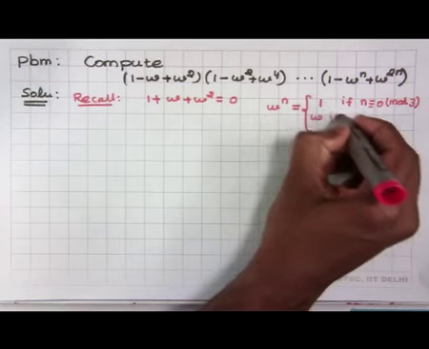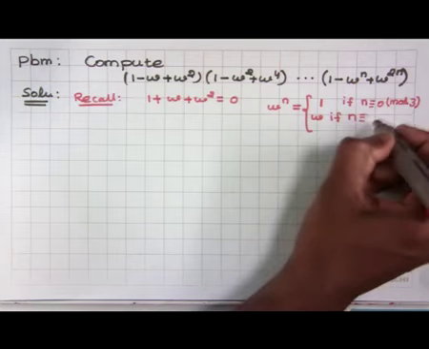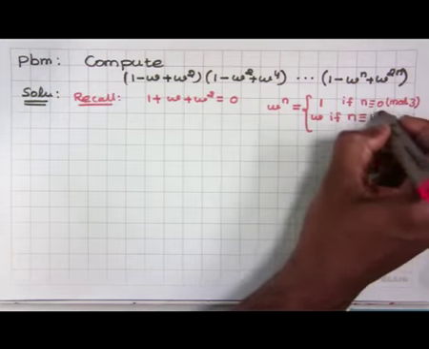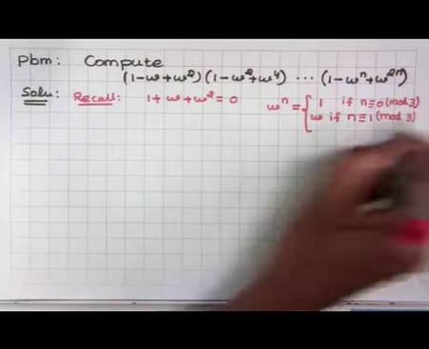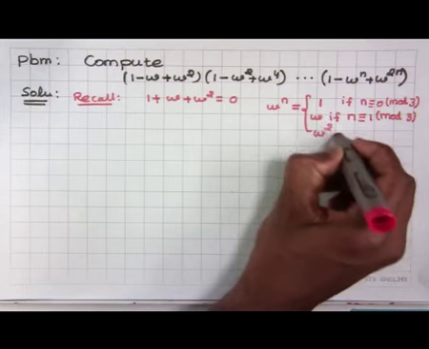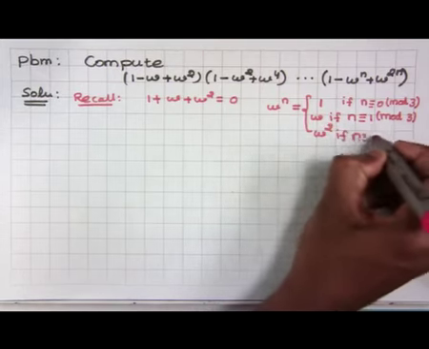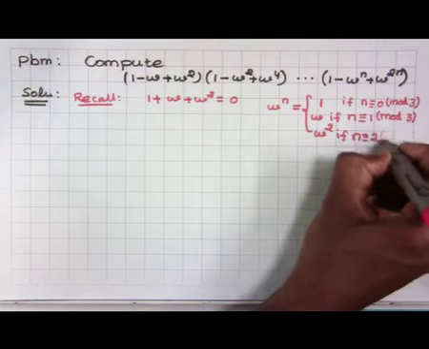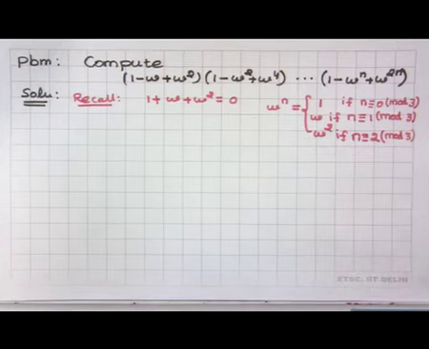Omega if n divided by 3 has remainder 1, you get the value omega. Omega square if the remainder is 2 when we divide n by 3.